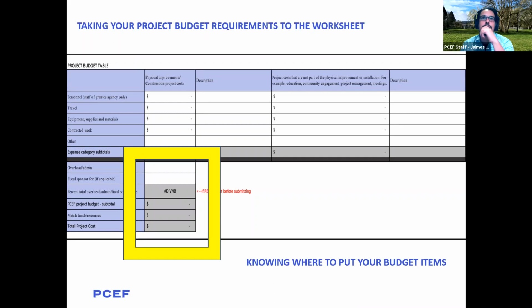Another question from George that I see is, should we insert rows under each budget topic, like equipment, and break out the costs and descriptions, or do this in a separate document? So what we don't want is a lot of rows, or really any rows, to be added to this budget worksheet.